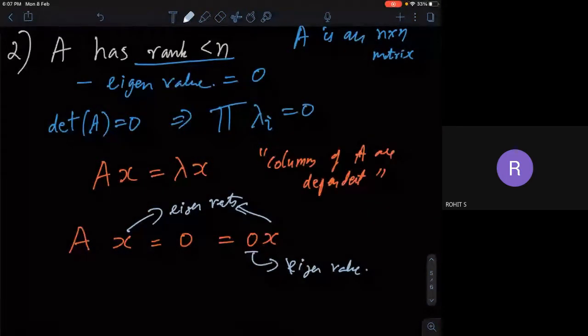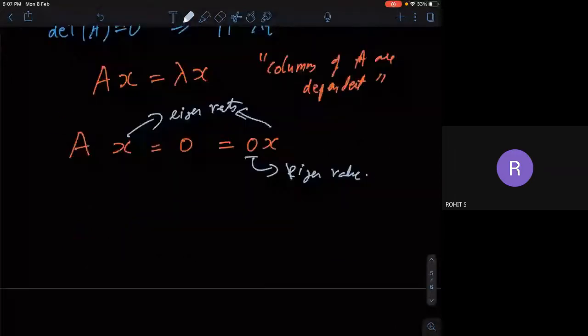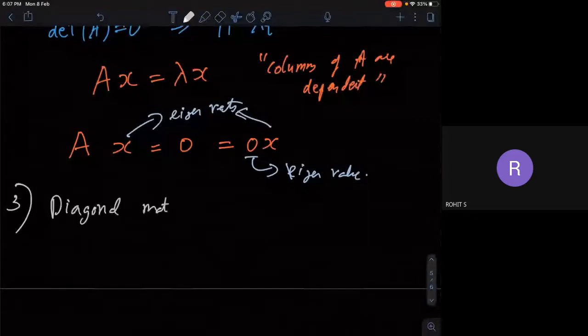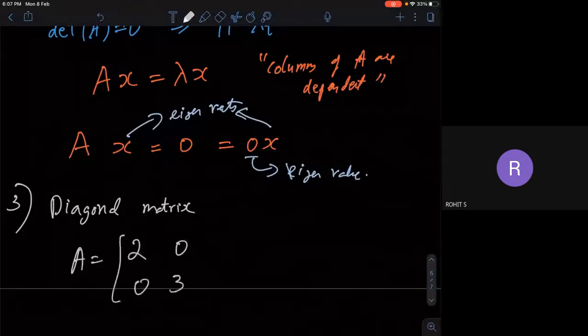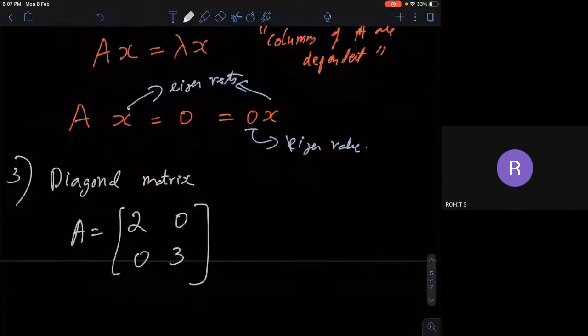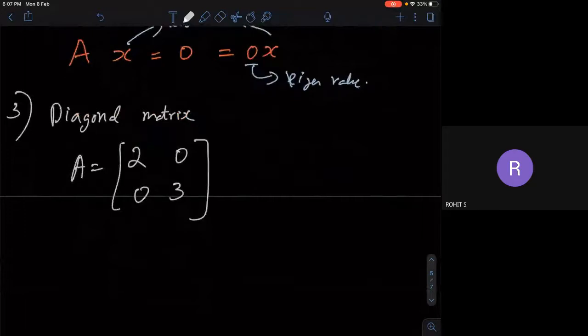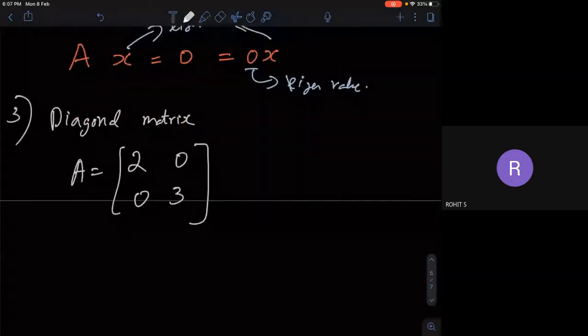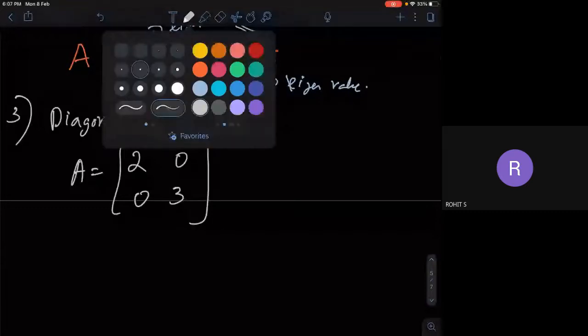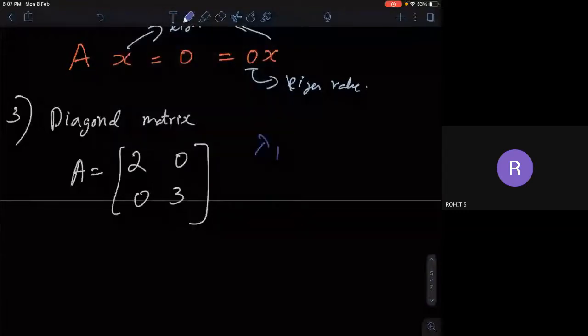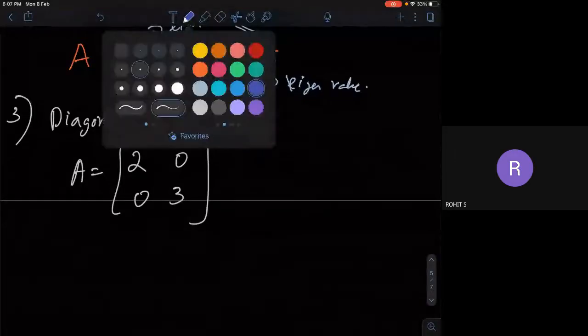Okay. Now, let's look at a third example. I'm going to look at a diagonal matrix. What are the eigenvalues and eigenvectors? Can you tell me? The diagonal elements are the eigenvalues. So what is lambda 1?